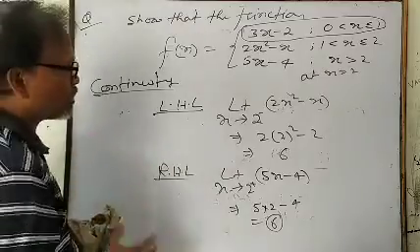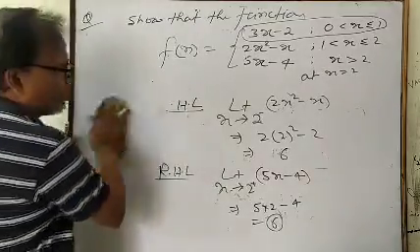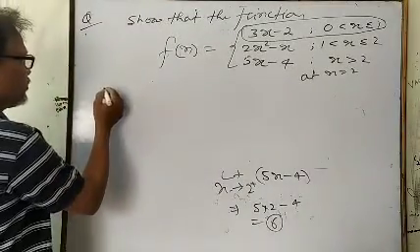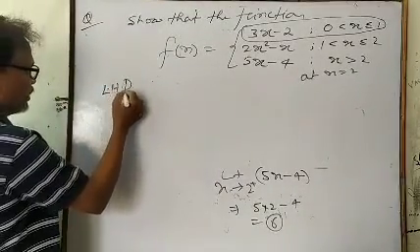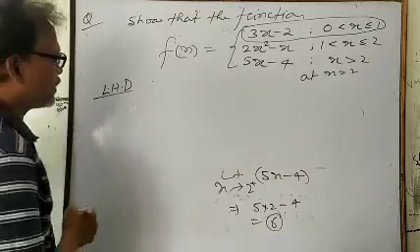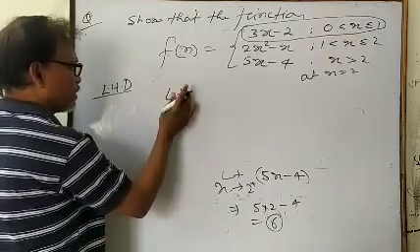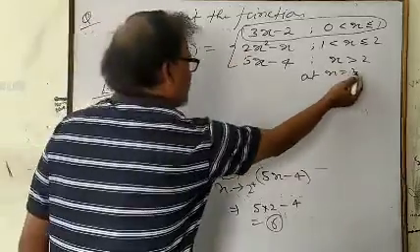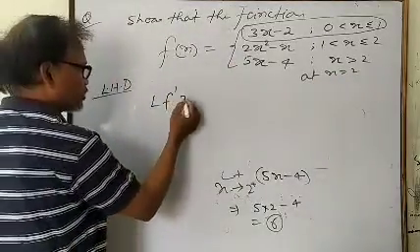But how to show the differentiability? We use the same procedure. First we find the left hand derivative. Left hand derivative, Lf dash, at what point you have to find the derivative, that is 2.